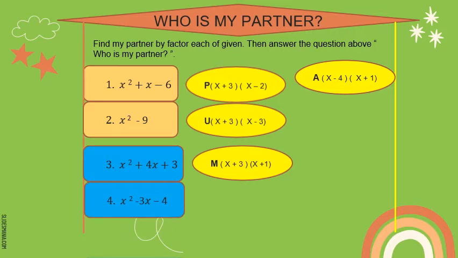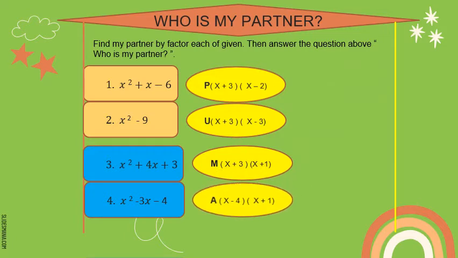Number 4, x squared negative 3x negative 4. The factor here is quantity x minus 4, quantity x plus 1. Now, as you can see here, we have the same factor in number 1 and number 2, and that is x plus 3. For numbers 3 and 4 also, we have the same factor, and that is quantity x plus 1.